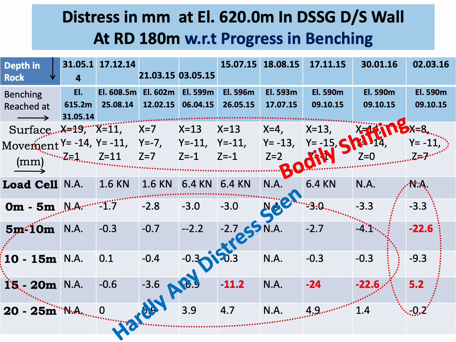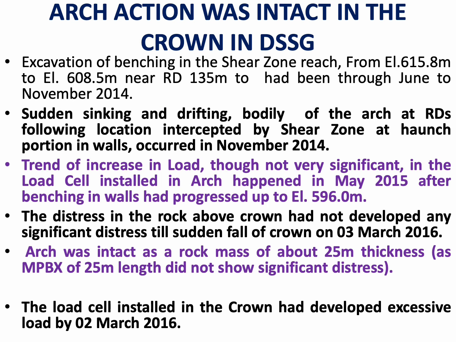On October 15, distresses started getting seen in the rock mass in the near vicinity of the surface of the excavation profile. So it indicated the arch action was intact in the crown on the downstream surface.